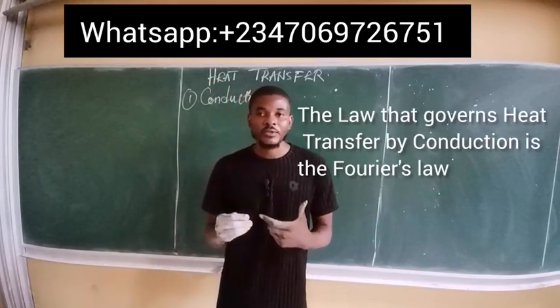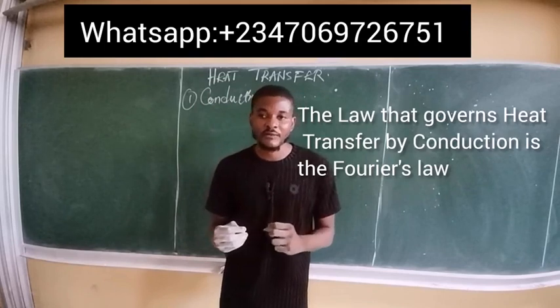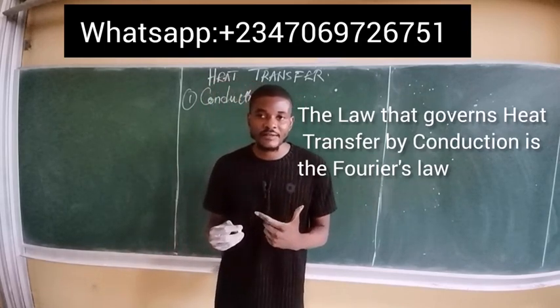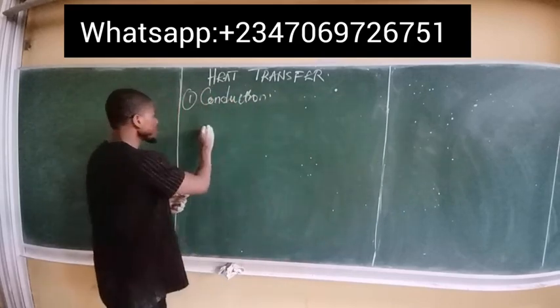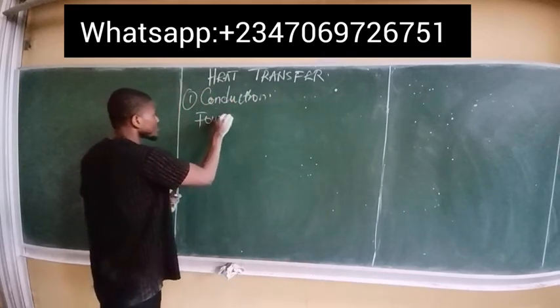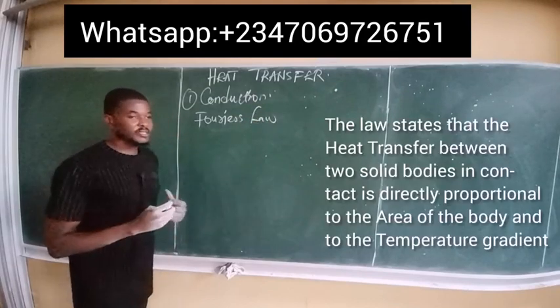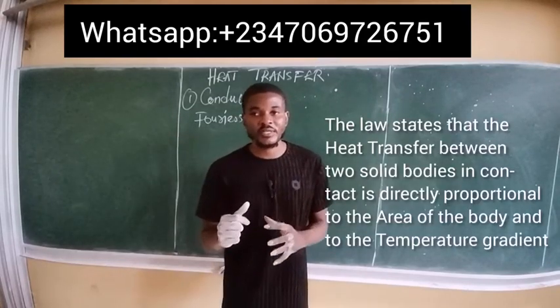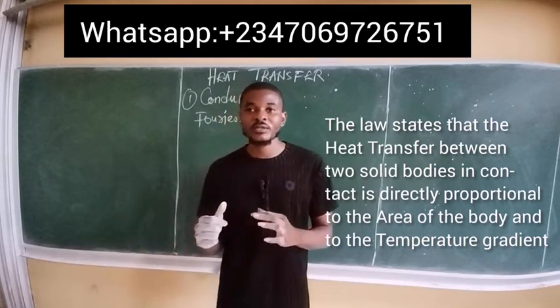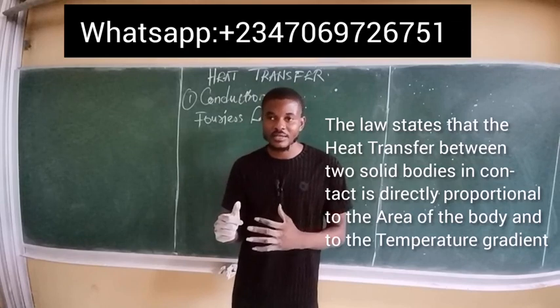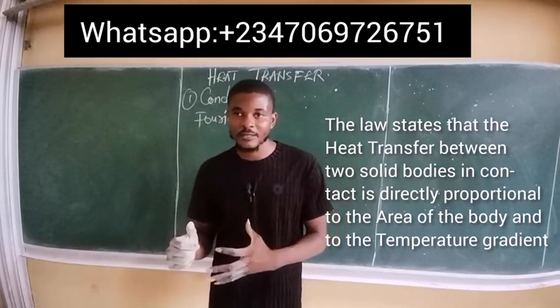Now the law that governs heat transfer by conduction is simply Fourier's law. This law states that the heat transfer between two stationary bodies is directly proportional to the area of the bodies and to the temperature gradient of the bodies in contact.